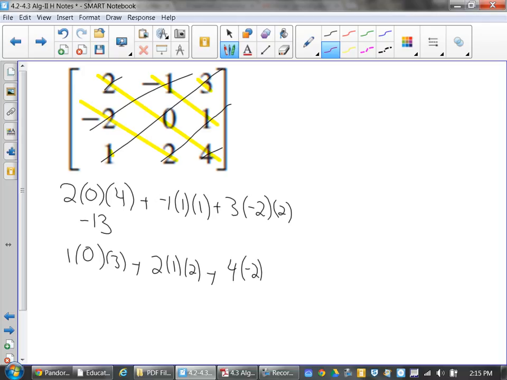I figured out why I did it wrong. So I have 0 plus 4 plus 8. These zeros are killing me. So 4 plus 8 is 12, so my determinant becomes negative 13 minus 12, which is negative 5.